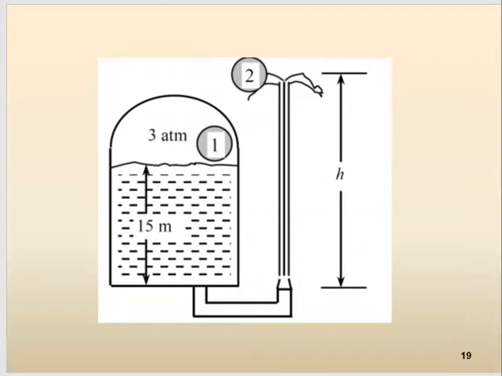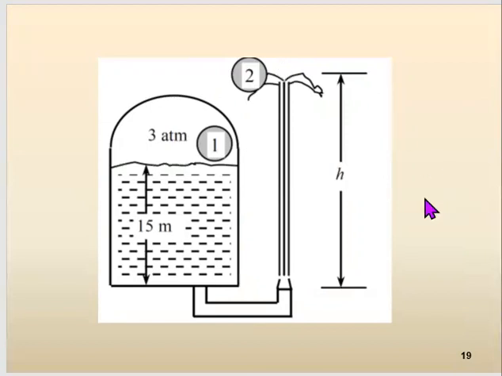And atmospheric pressure pertains here. Z1 is 15 meters. P1 gauge is 3 atmospheres, so absolute pressure at point 1 is 4 atmospheres. P2, as I said, is 1 atmosphere, equal to the pressure of the atmosphere.